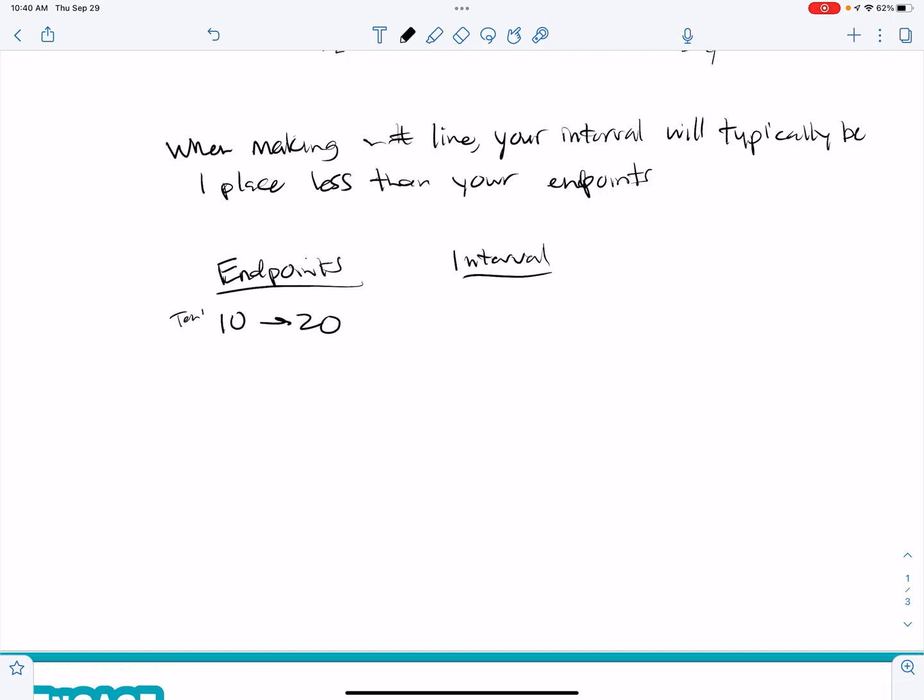So that means our intervals will likely be in the ones place because that is 1 place less on the place value chart. Same thing if our endpoints are from like 1 to 3, we're dealing with the ones place. And so our interval is going to be a tenth because that's going to be our next smallest piece.